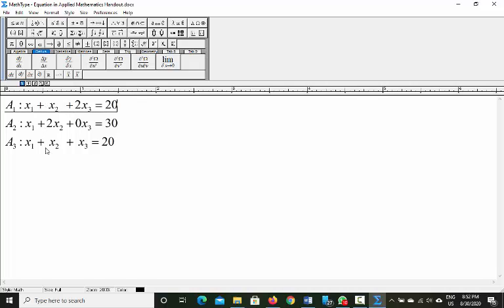So we have a total of three variables, x1, x2 and x3. We could name them x, y and z instead of x1, x2 and x3. There's no problem with that. So we need to solve this set of equations and find the values of x1, x2 and x3.